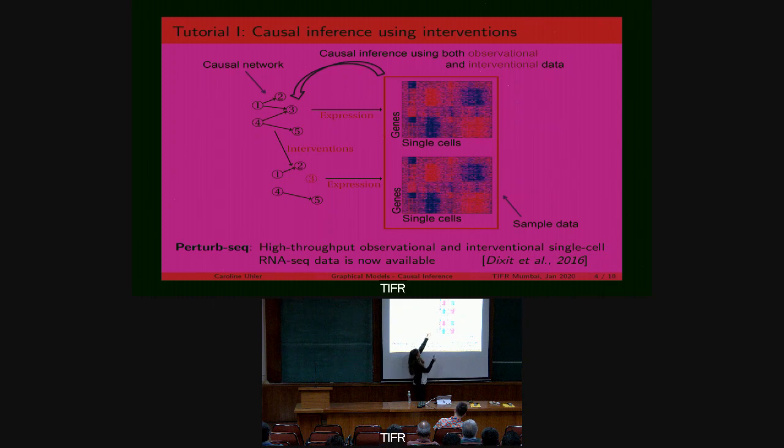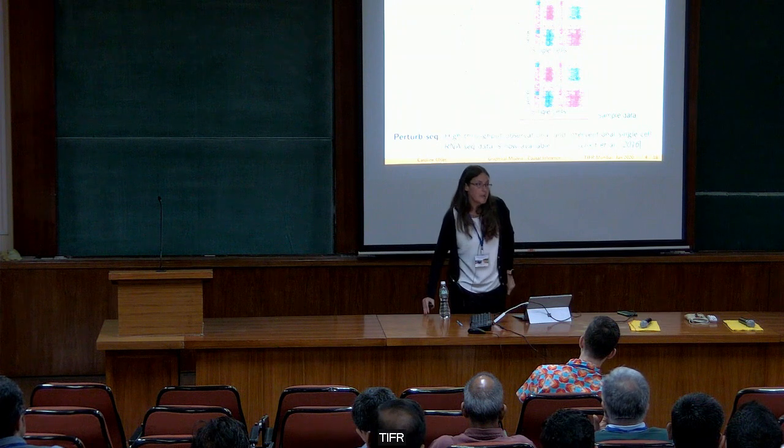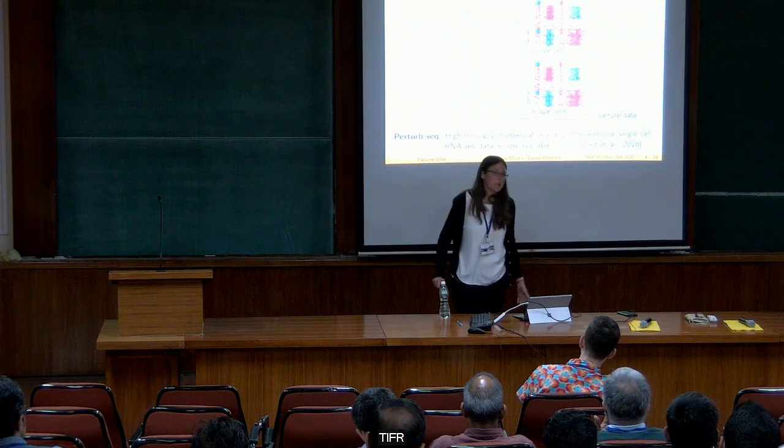And as I said, you cannot just have observations, but I can also intervene on a particular variable, set one of the variables, say, to 0, and see how the expression of all the other genes changes. Here, for example, I would take gene 1 and set it to 0, then I take gene 2 and set it to 0, then I take genes 1 and 10 and set them to 0, etc. So you can do any of these interventions. If you do too many at the same time, the cell will die.